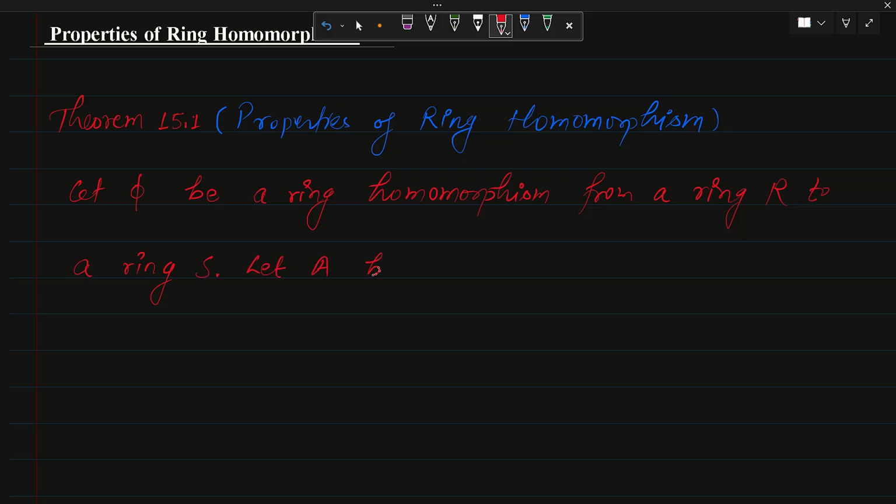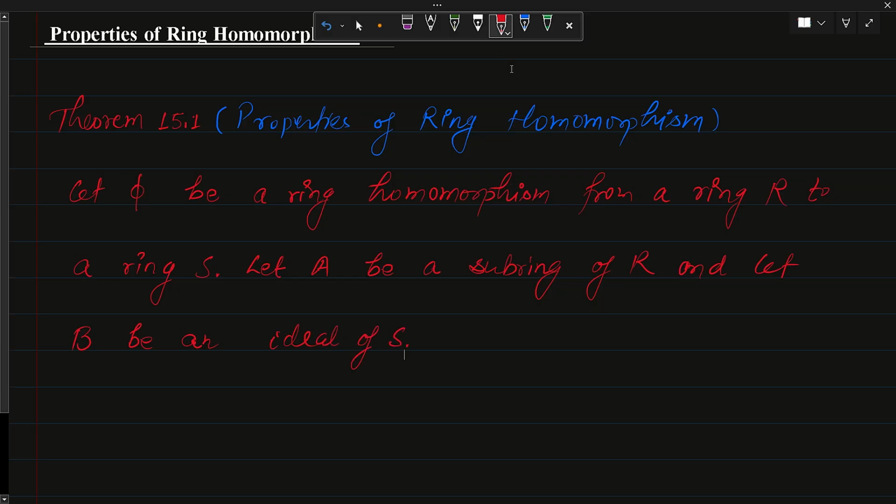Let A be a subring of R, and let B be an ideal of S. Then we are having the following statements.